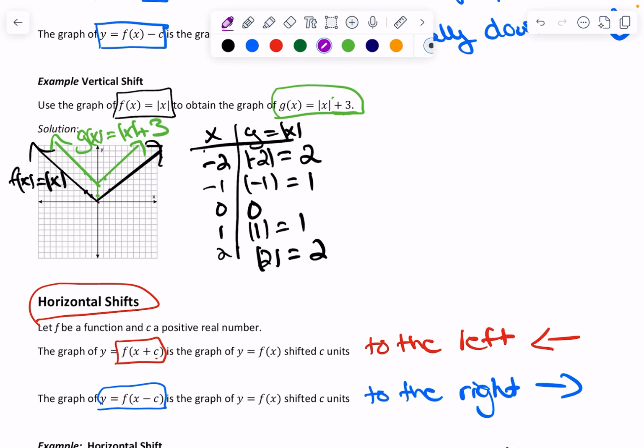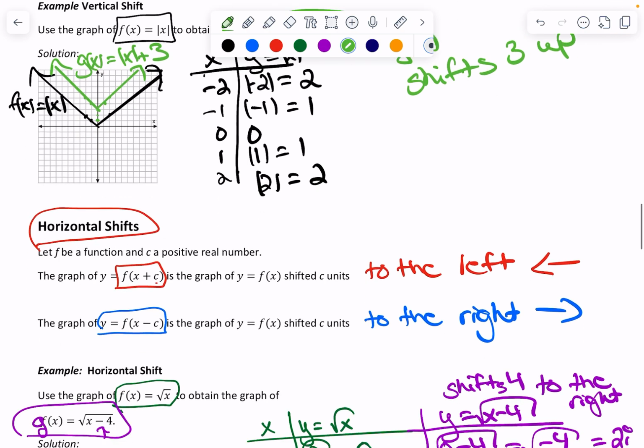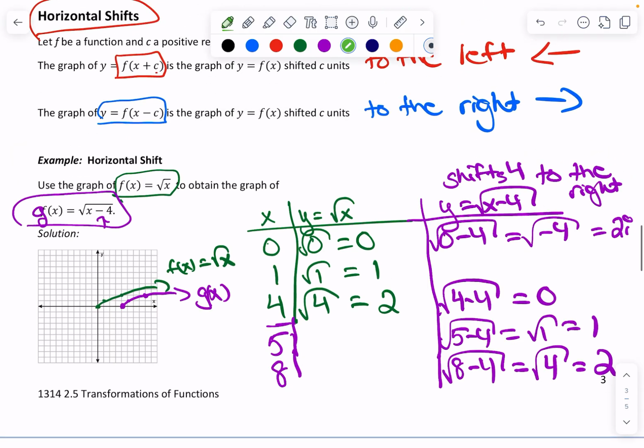G of x shifts 3 up. This one shifts 4 to the right. Okay.